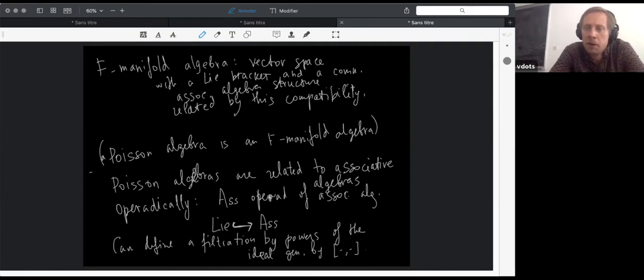What is good about defining a filtration on an operad by powers of an ideal? This means that if you take the associated graded for this filtration, the associated graded will still be an operad. It's a result which almost instantly follows from, for example, the Poincaré-Birkhoff-Witt theorem, that the associated graded operad is the operad of Poisson algebras.